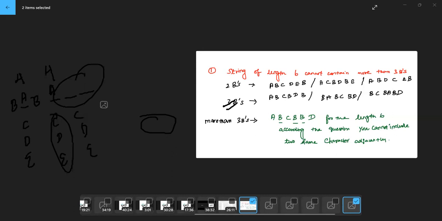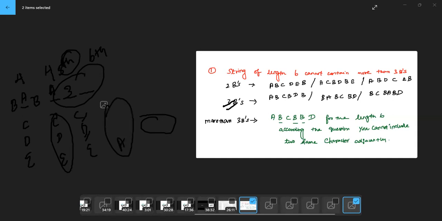So in the fifth position, you are not allowed to use A again. So you're going to have three choices, right? C, D, E. But in the sixth position, if you are using C, D, E, you're not to use the same letter in the sixth position, but you can include A here, right?